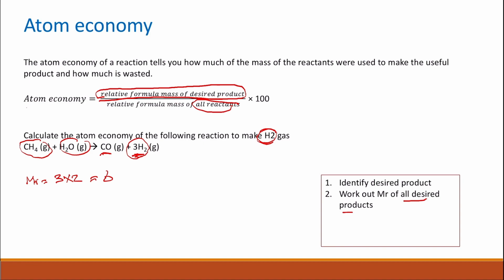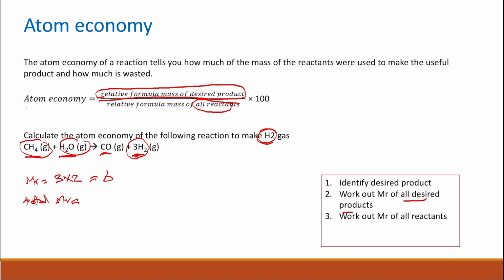And then the third step is to work out the formula mass of all the reactants. So we have one molecule of methane and one molecule of water. We need to calculate the total Mr of all the reactants.